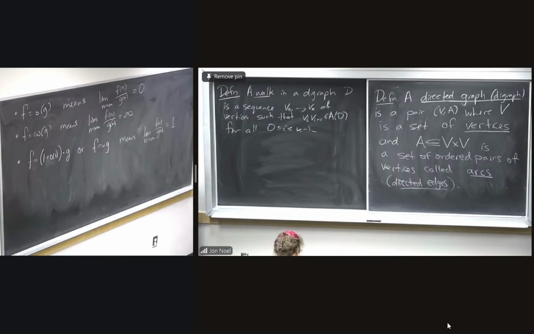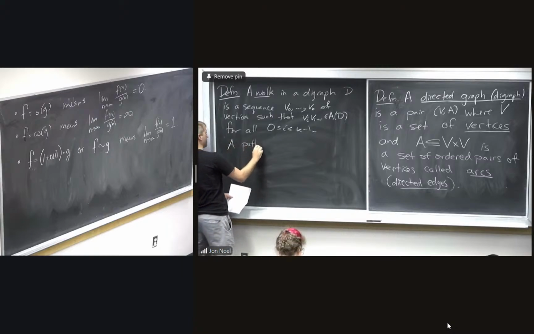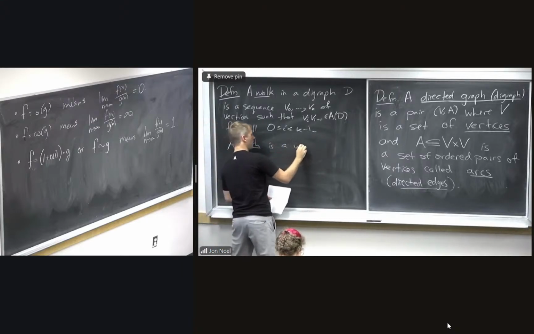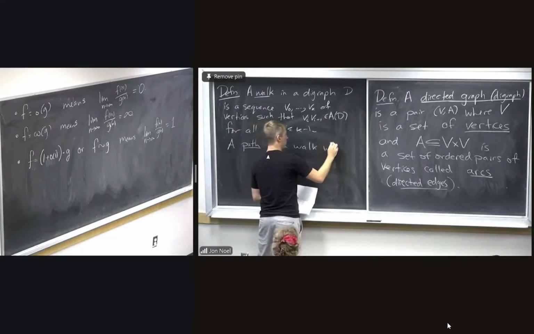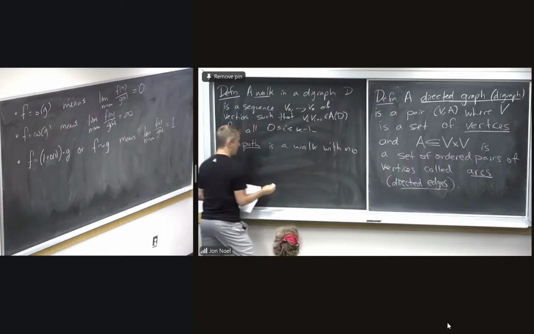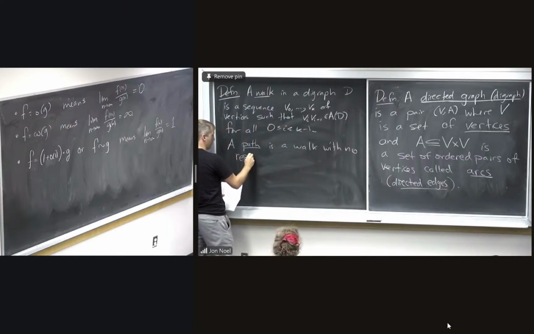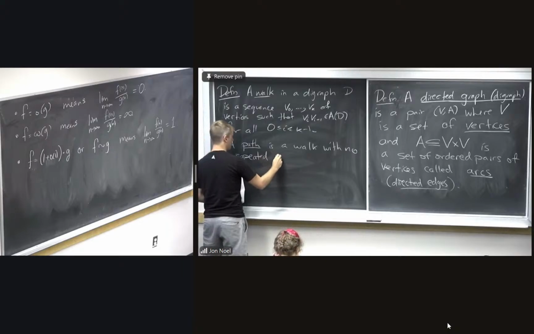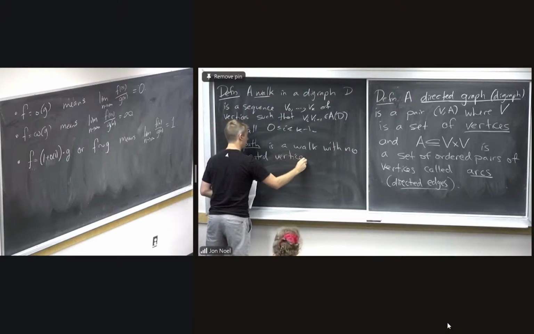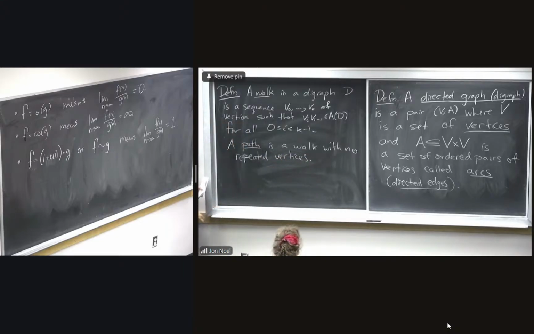And then a path is a walk with no repeated vertices.